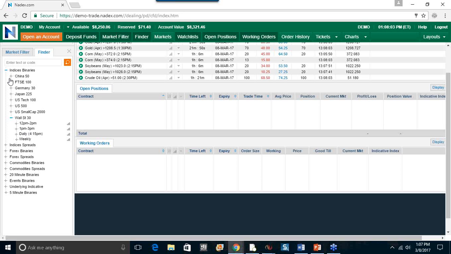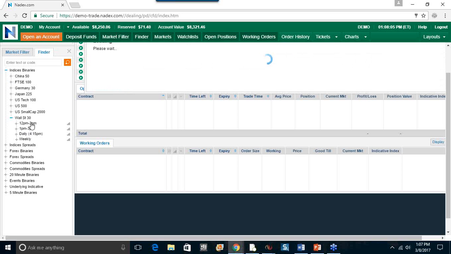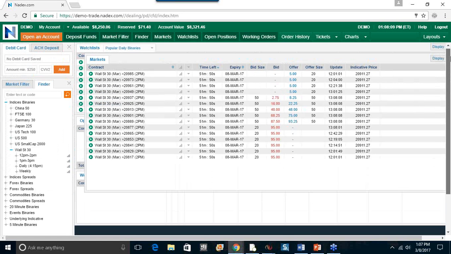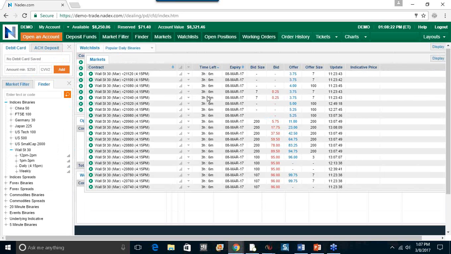When you click on any one of these, if we just click these 2 p.m.s, you'll also see that you've got a ton of different options, a ton of different strike prices to choose from. If you go down to the 3 p.m.s, you've got a completely different set of strike prices to choose from. And the same with dailies, which are going to be a little bit wider, and weeklies.